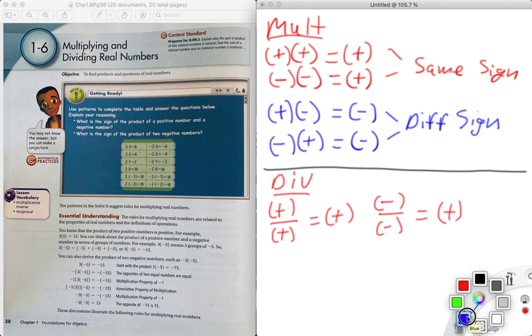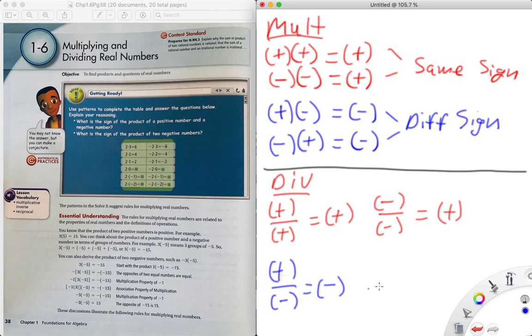When they are different signs, a positive divided by a negative is a negative, and a negative divided by a positive is also negative.